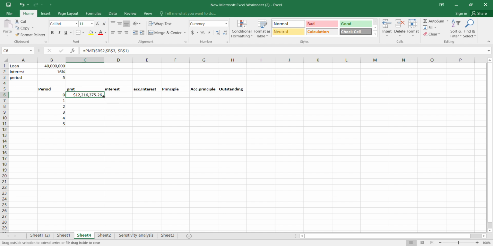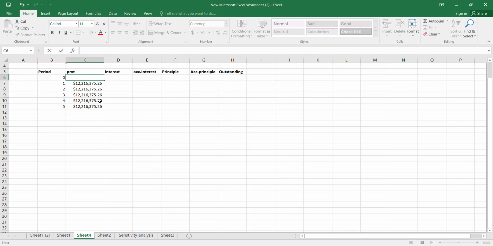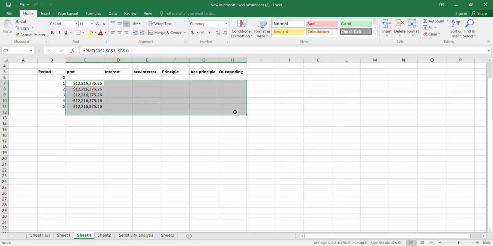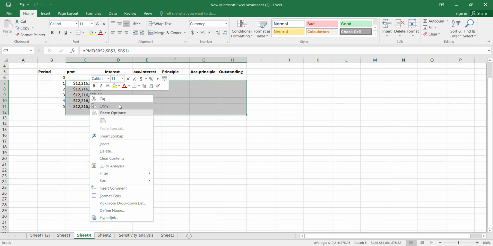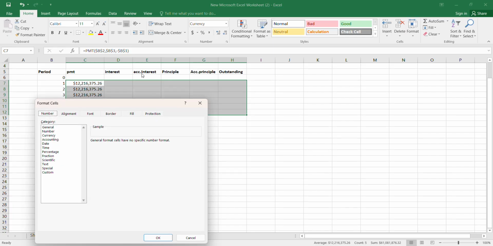We shall autofill this. But remember, this doesn't apply in the 0 years. Since we shall have up to these cells as amounts, we shall format cells to UGX.